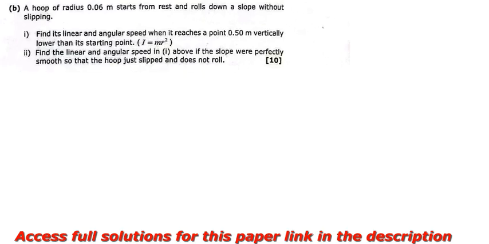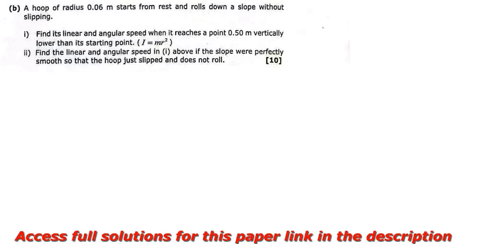Let's now talk about question 3b, which is under rotation, work, energy, and momentum. So here is the question. A hoop of radius 0.06 meters starts from rest and rolls down a slope without slipping.